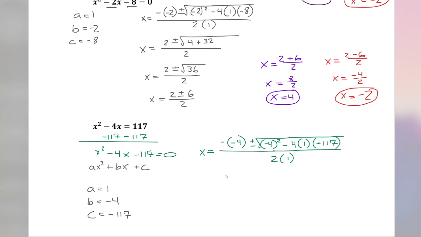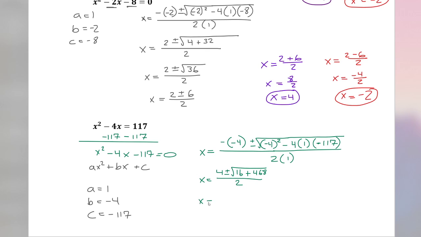Alright, so let's start to simplify. So we got x equals 4 plus or minus the square root. Negative 4 squared is 16. Negative 4 times 1 is negative 4. Negative 4 times negative 117 is 468. 2 times 1 is 2.